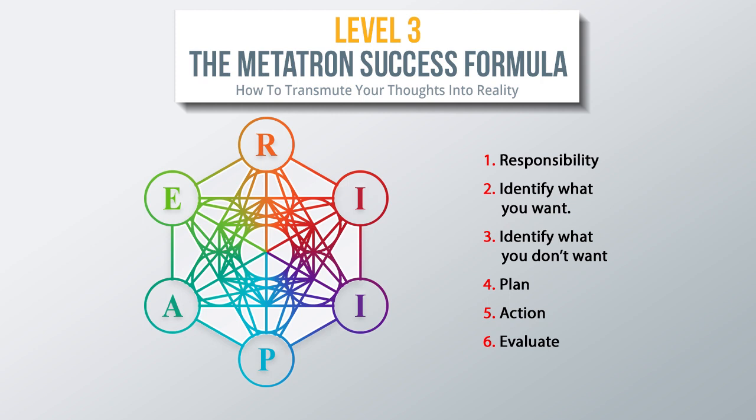Okay, so in future lessons, we're going to go into each one of these points on the Metatron success formula, each of the 6 points, and then go into detail how you can do each one of those things and how to make that work for you to help you to achieve your success. All right, so that's the prosperity pyramid. The first 3 levels is an overview of what you can do in order to achieve success and achieve prosperity.